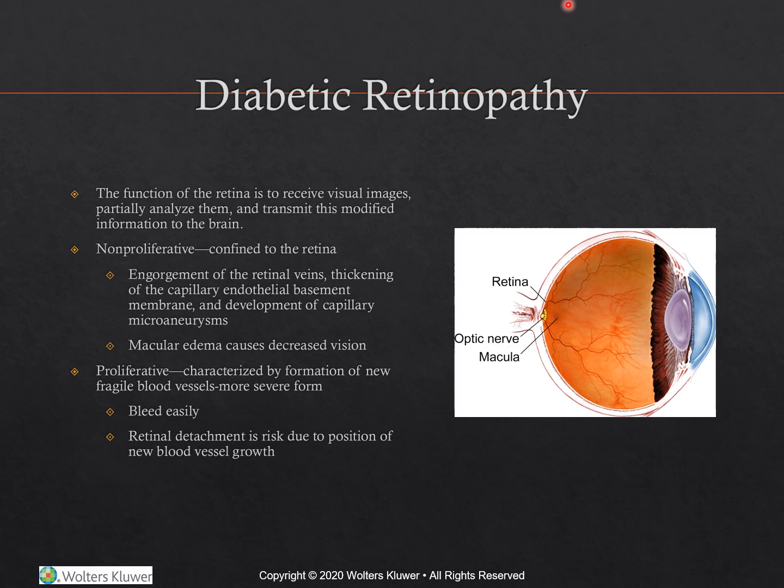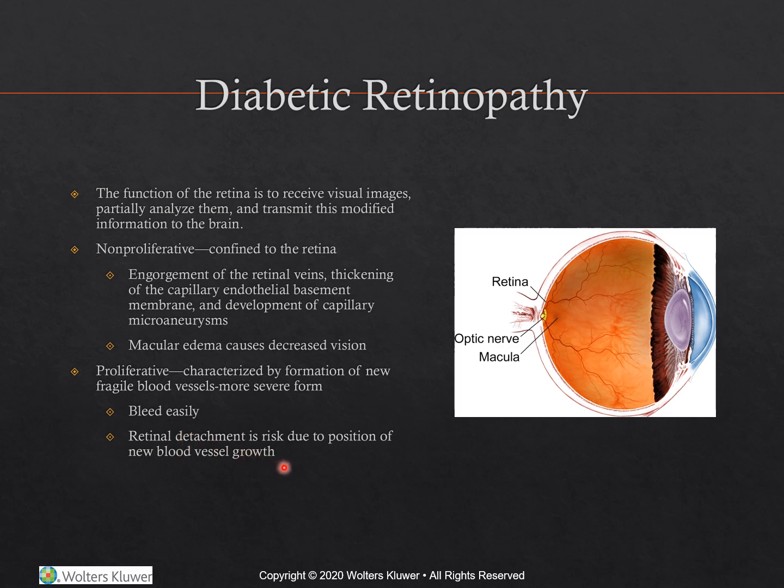And the second way it can damage vision is that those blood vessels attach firmly to the retinal surface and also to the posterior surface of the vitreous. So normal movement of the vitreous may start to exert a significant pull on the retina, and the retina can become detached, and this can cause progressive blindness.